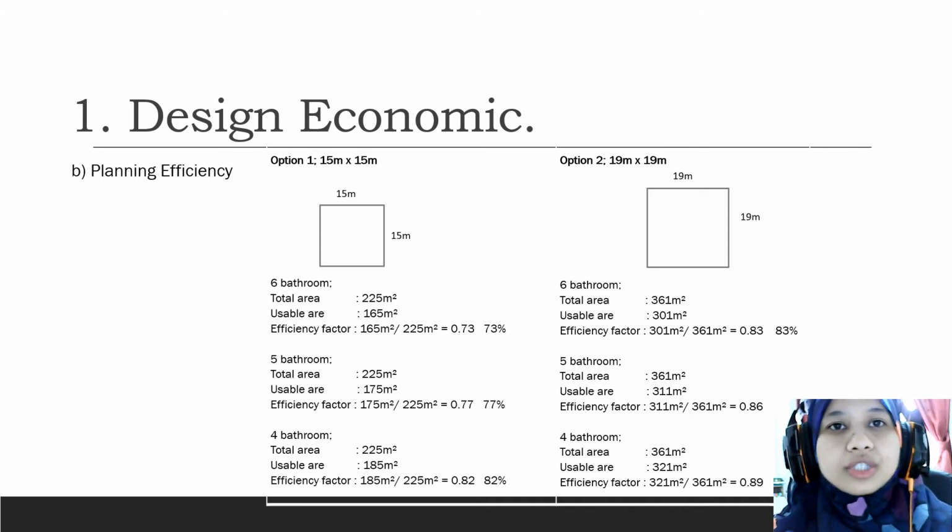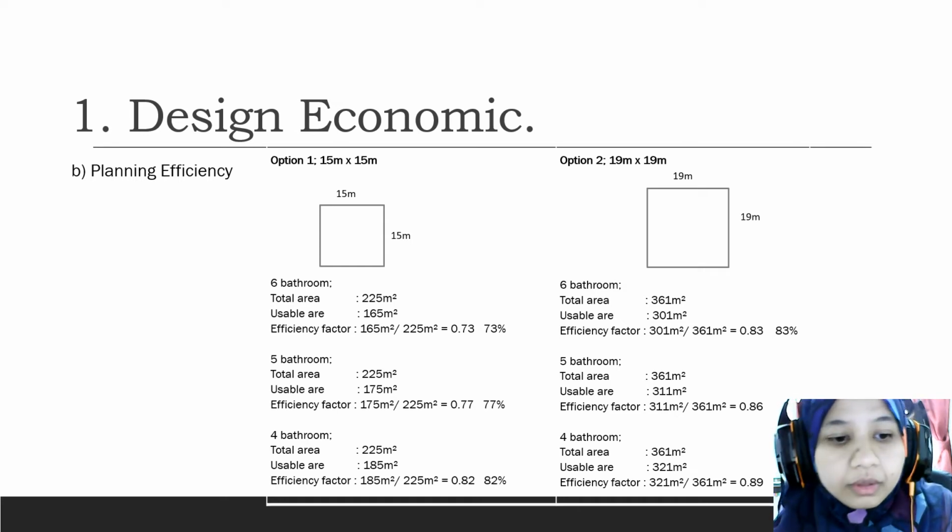The second one is that the client will be advised on the planning efficiency. The focus is to reduce the amount of circulation space so that the usable area can be much bigger. The early requirement from the client is 6 bathrooms. Each standard bathroom is 10 meters square, meaning that 6 bathrooms require 60 meters square.